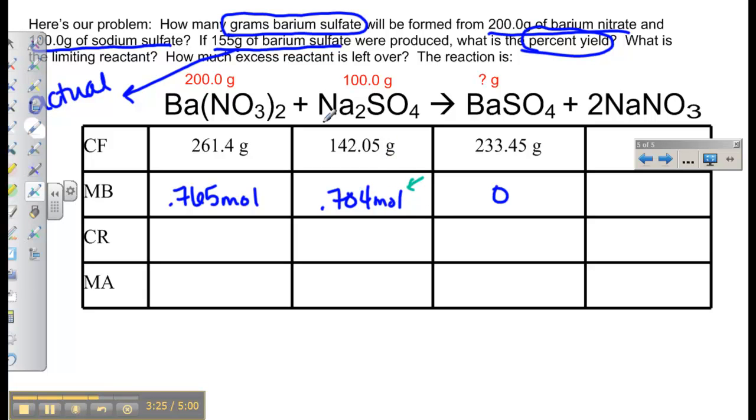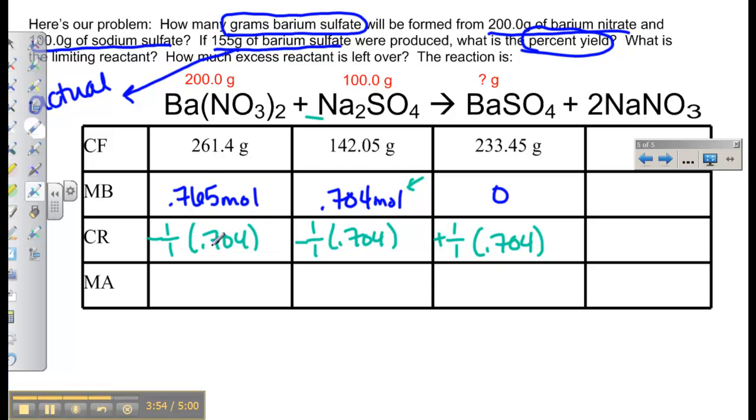Okay, so because there's a coefficient of 1, we're going to put a 1 on the bottom of all of our fractions. So we're going to put a 1, a 1, and a 1 on the top because of our coefficients. And we're going to multiply by 0.704 for each of those. So we lose our reactants, we gain our products.